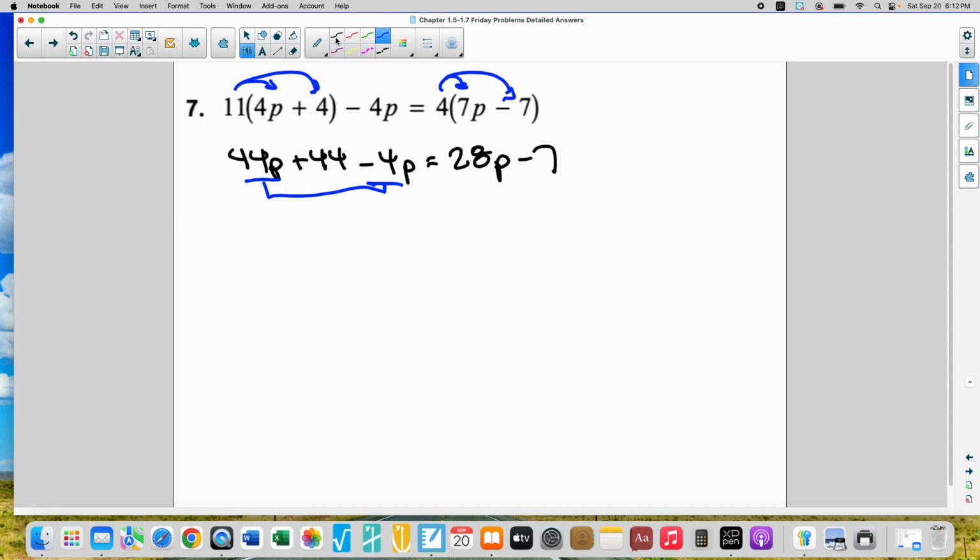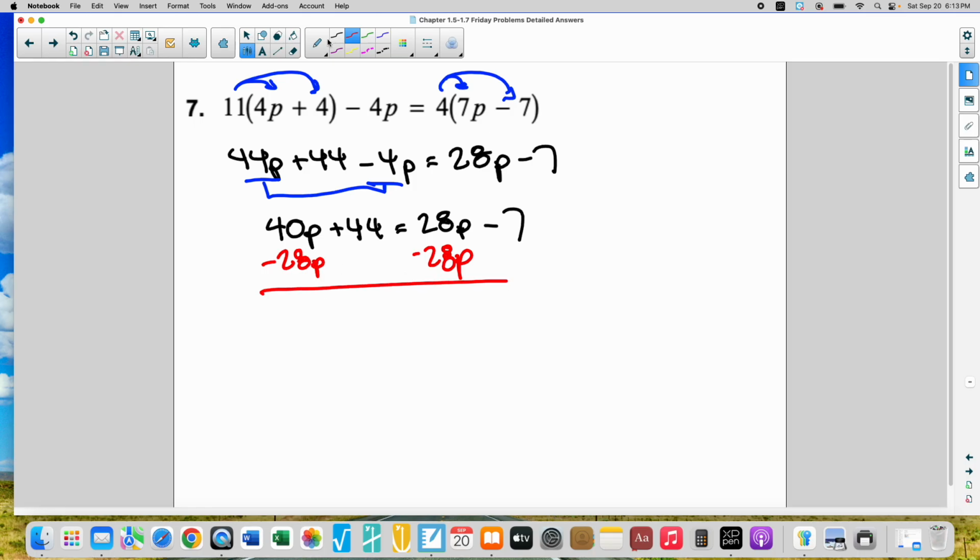We must simplify that. That gives you 40p plus 44 equals 28p minus 7. Move the variables. Minus 28p minus 28p gives you 12p plus 44 equals -7.